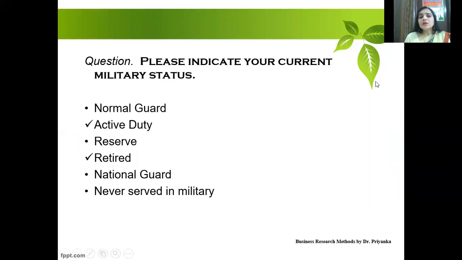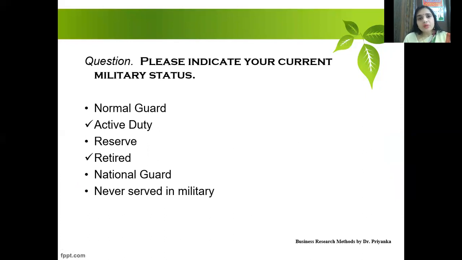For example, please indicate your current military status. Now the person has checked 2 boxes, active duty and retired. This is not right. So in that case editing is very important.